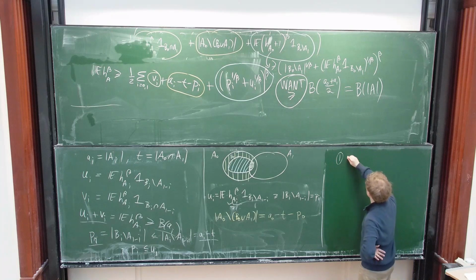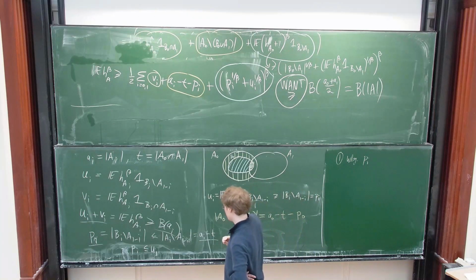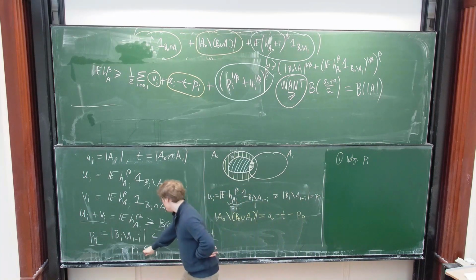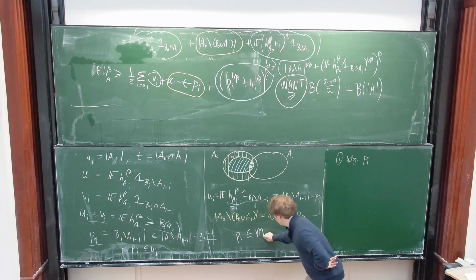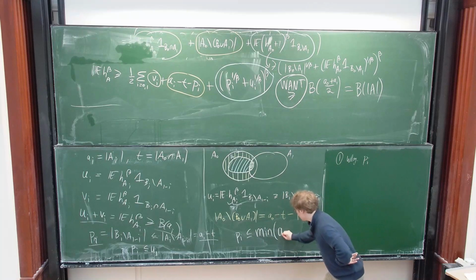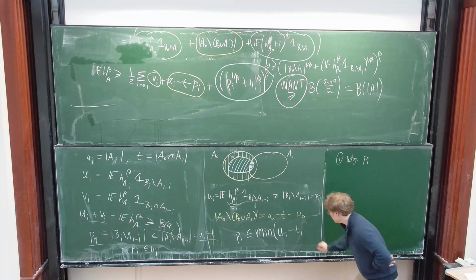Okay, so I'm claiming that without loss of generality, I can set pi to its largest. What do I know about pi? I know that pi is bounded by something. The condition on pi is that it's smaller or equal to min of ai minus t and ui.